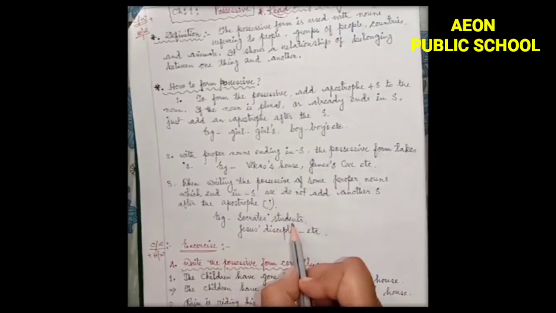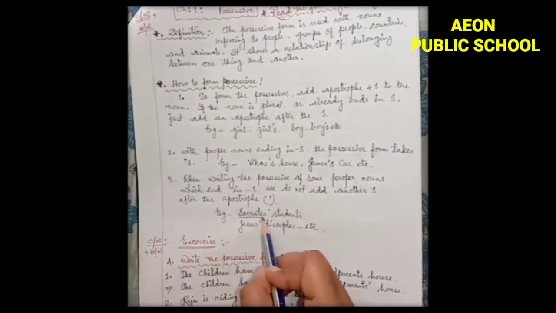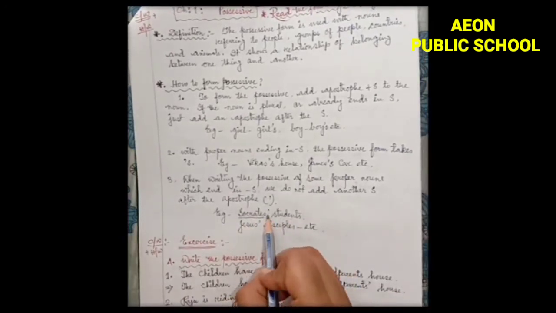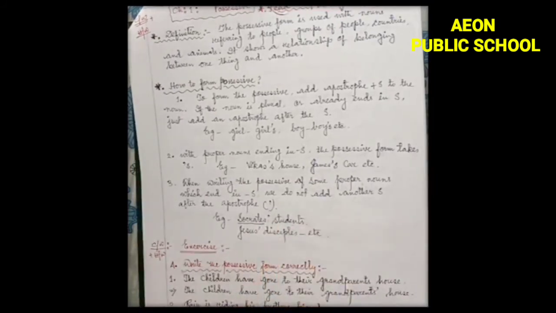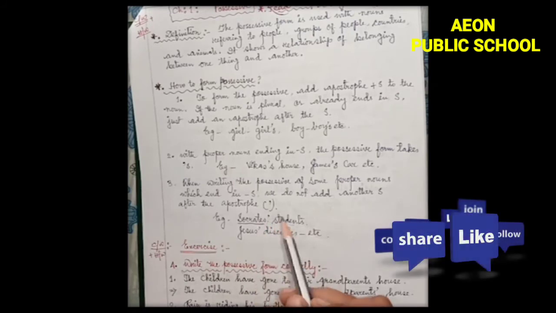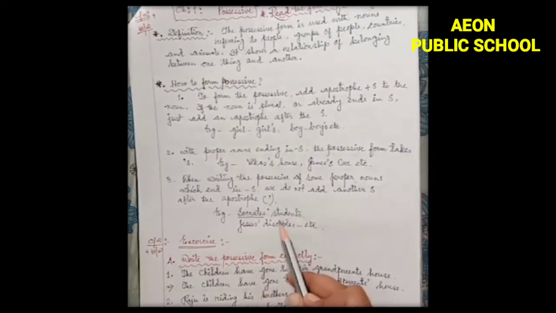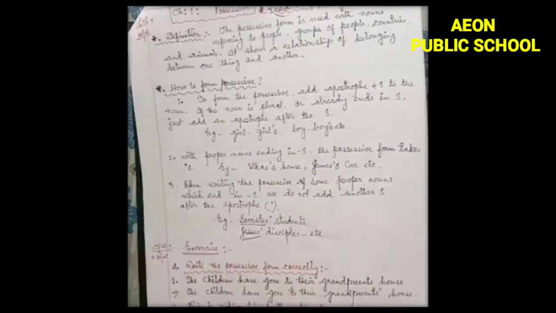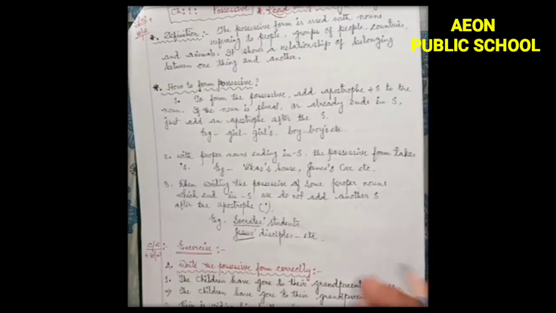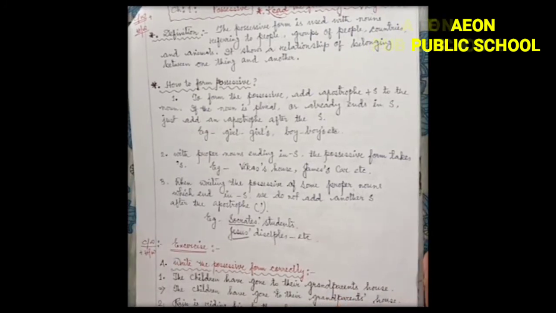Like Socrates' students, here Socrates already ends with the letter s and it's a proper noun, so we should not add another s after the apostrophe. Jesus' disciples, etc.